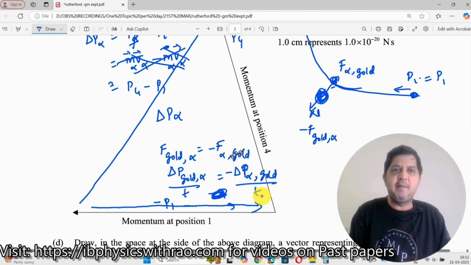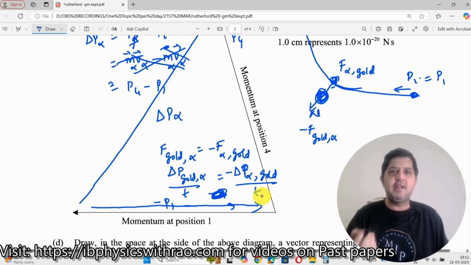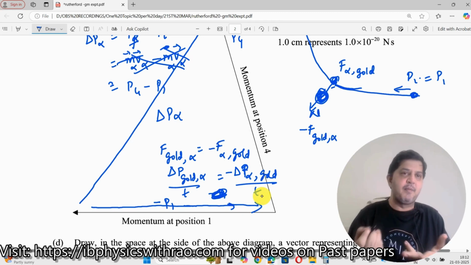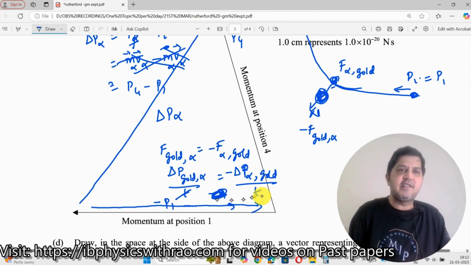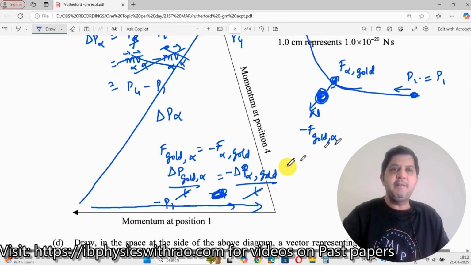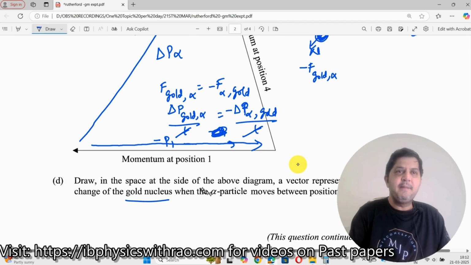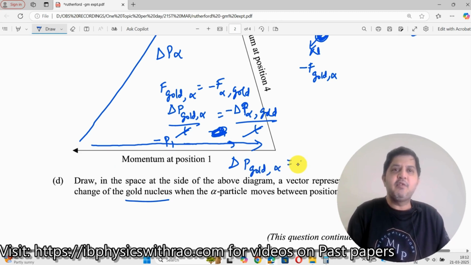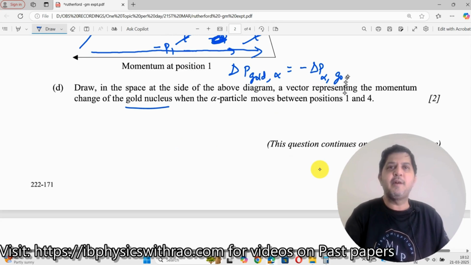Right? I am just replacing this F by delta P by delta t, which is Newton's second law, the rate of change of momentum. So when I do this, this time and this time go away. So I am getting this value here, which tells me that delta P gold comma alpha is equal to minus delta P alpha comma gold.